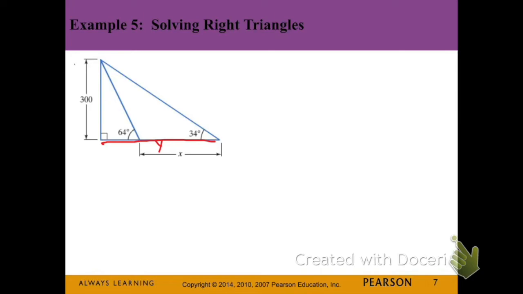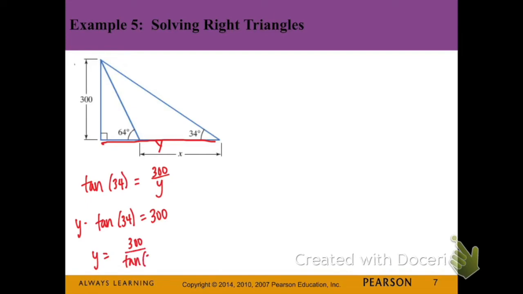My angle that I know is 34 degrees. Across from the 34 degrees on the opposite side is 300. And I want to know my adjacent, which is y. So I'm going to use tangent. When I solve this equation, I get y equals 444.8.